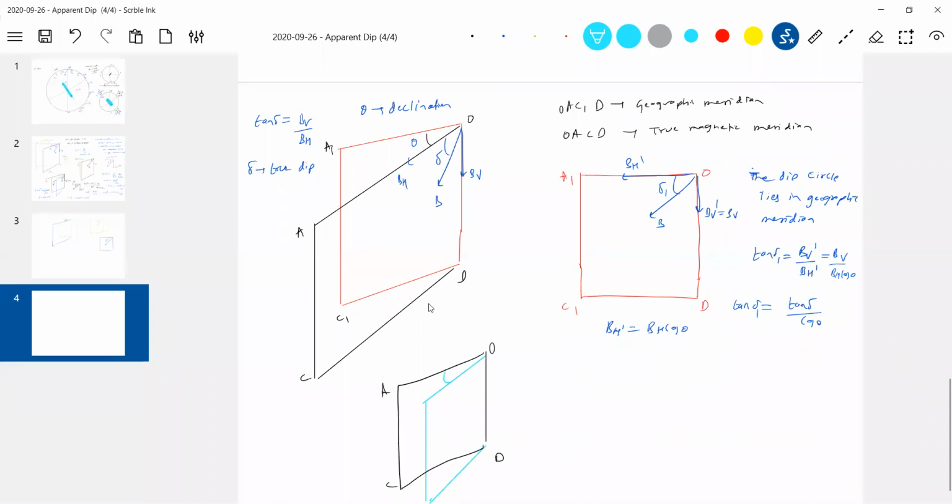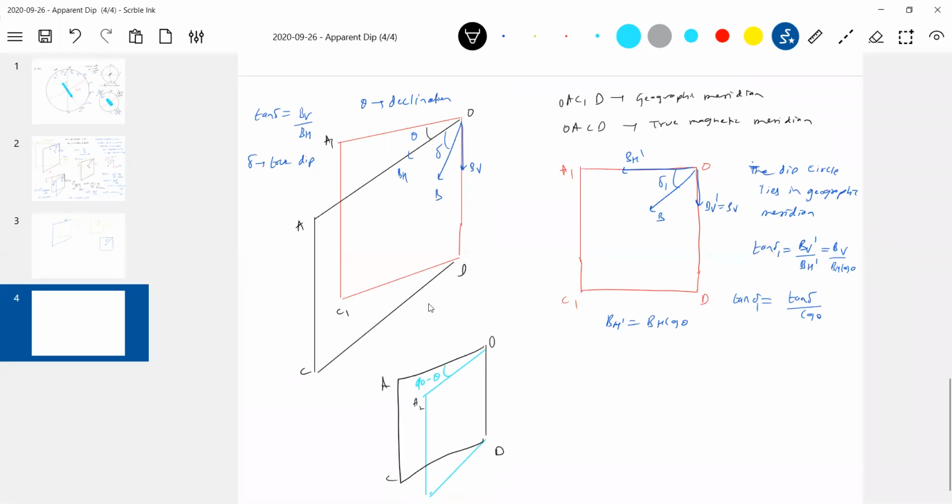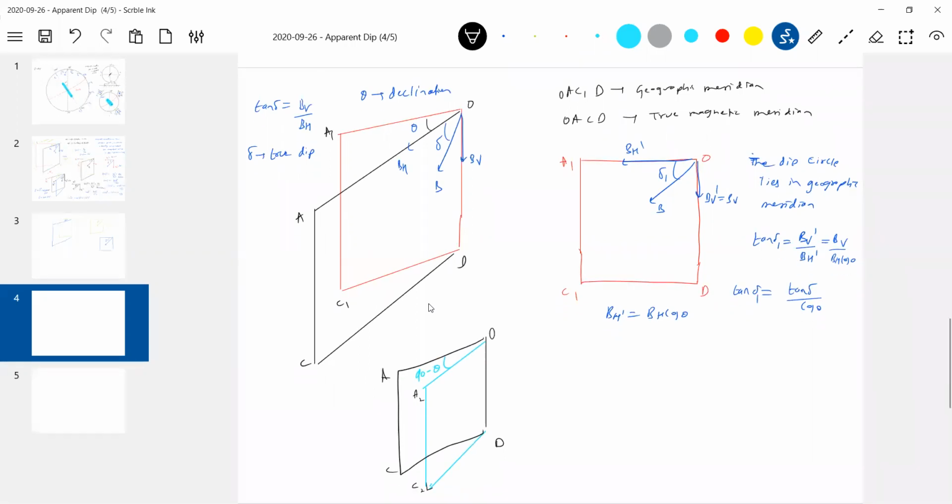This angle is how much? 90 minus theta. So this will become OA2, C2. Earlier I took A1, C1, no?